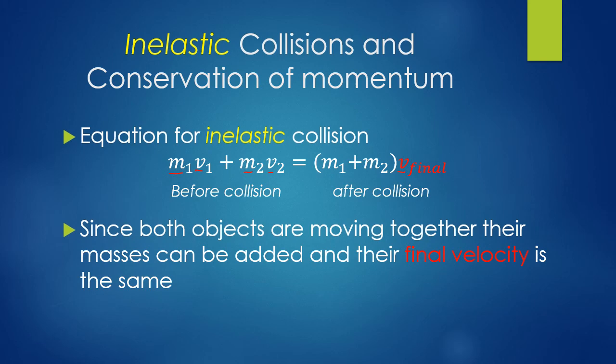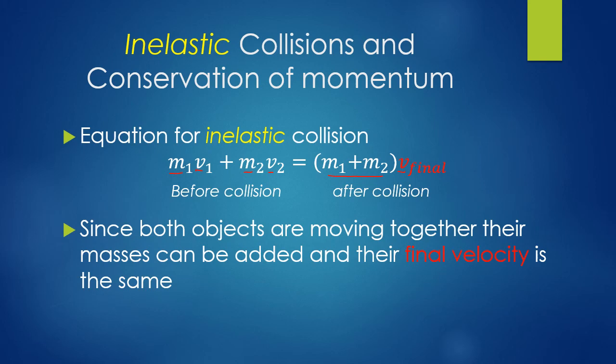The reason there's only one velocity in an inelastic collision is because those objects that collided are stuck together, because that's the definition of an inelastic collision, two objects colliding and sticking. So when they're stuck together, they have the same velocity because they are now one object. This is also why the masses are being added together.